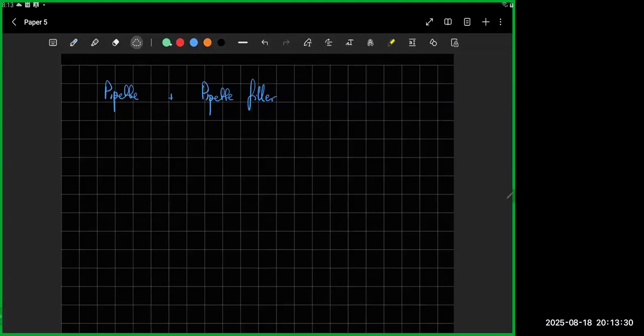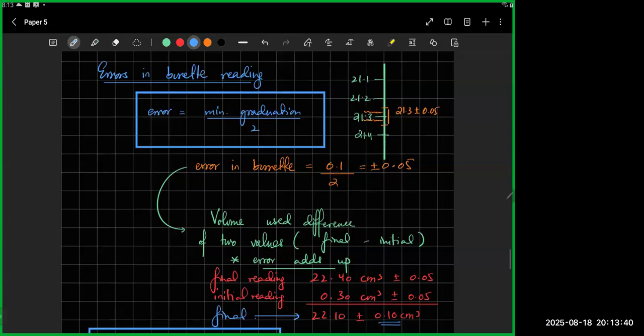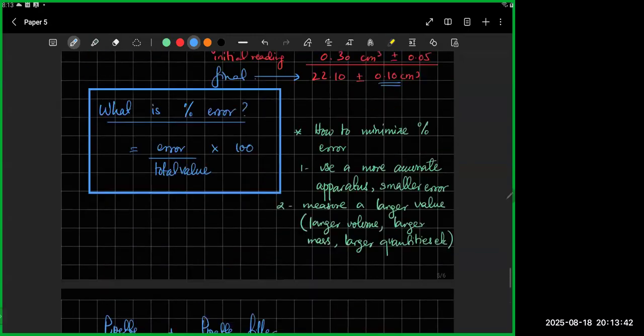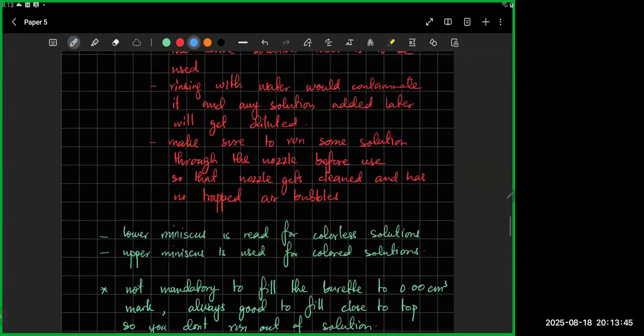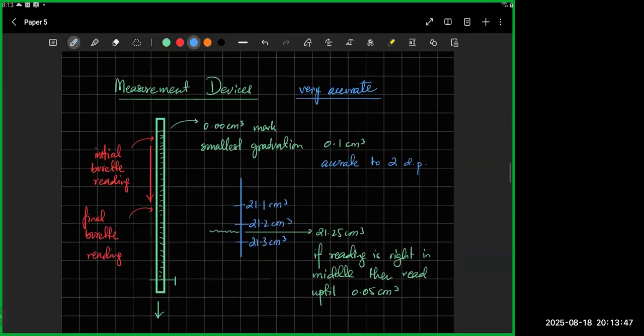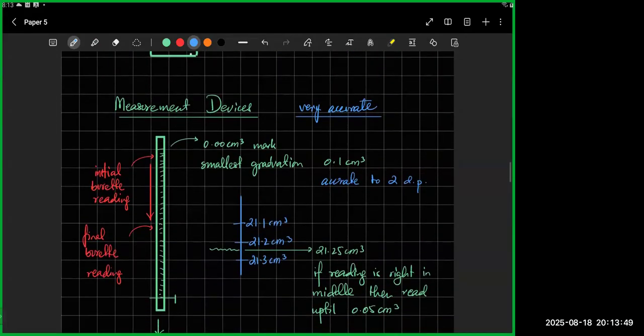What is a pipette? About the burette, one thing I needed to write is that it's very accurate but it's slow. I've added that at the top.